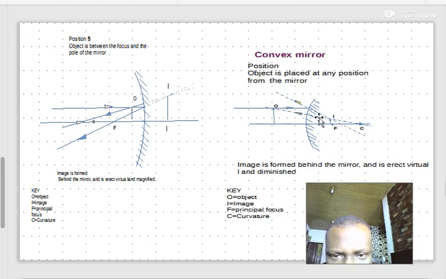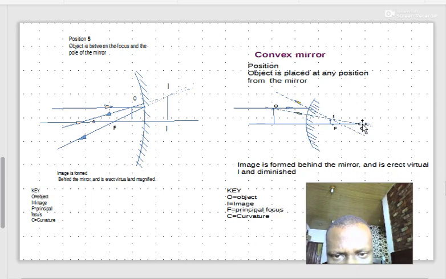This is the focal point, look at it. So the ray of light goes like this. This is the reflected ray, as seen by this yellow arrow. This is also the reflected ray from the center of curvature. So take a ray from the head of the image, going straight to the mirror. Its incident ray after reflection must also pass through the center of curvature.